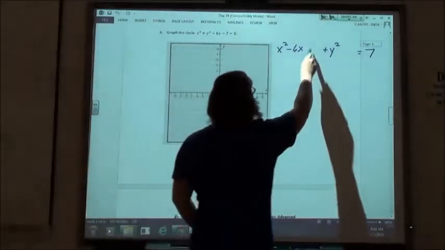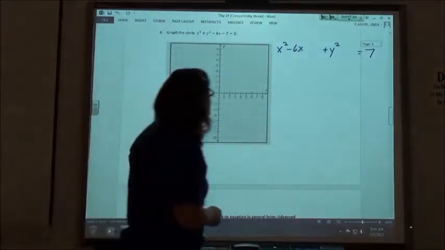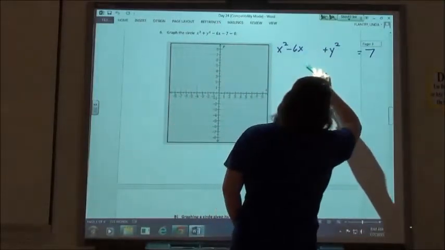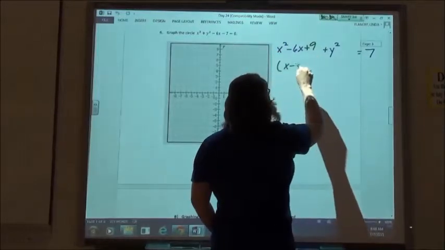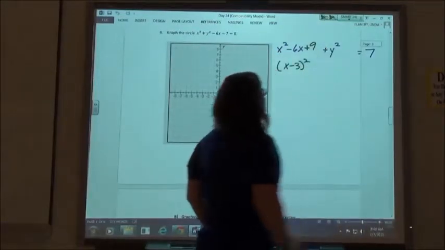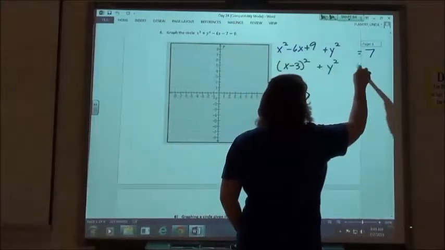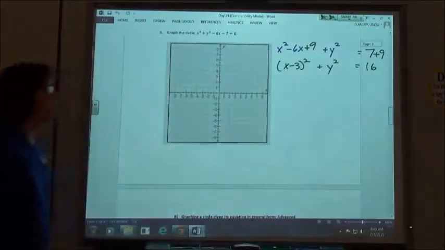What would I have to add here? 9. Is that going to work out right? Something's not right, is it? Oh yeah, it is, never mind. x minus 3 squared. Here I just have a y squared, so I don't need to complete my square on that one, and if I add 9 over here, I get 16, right?